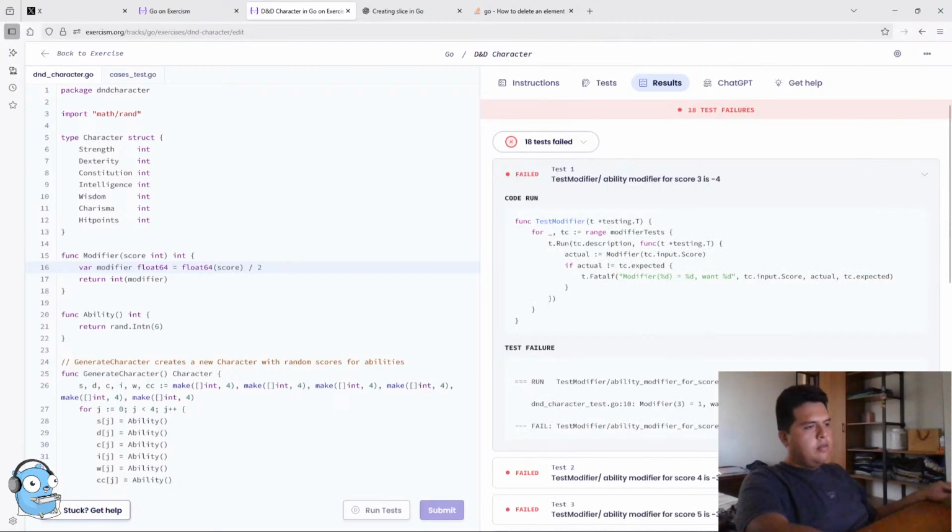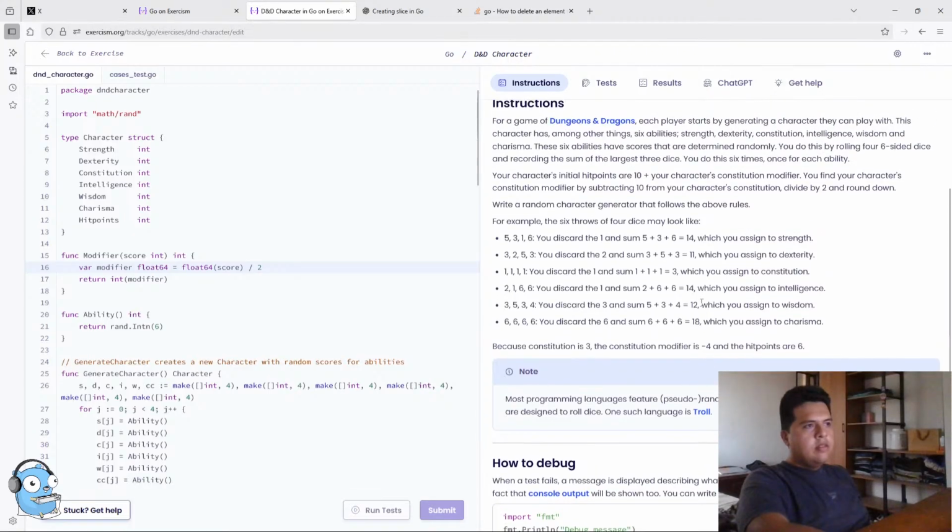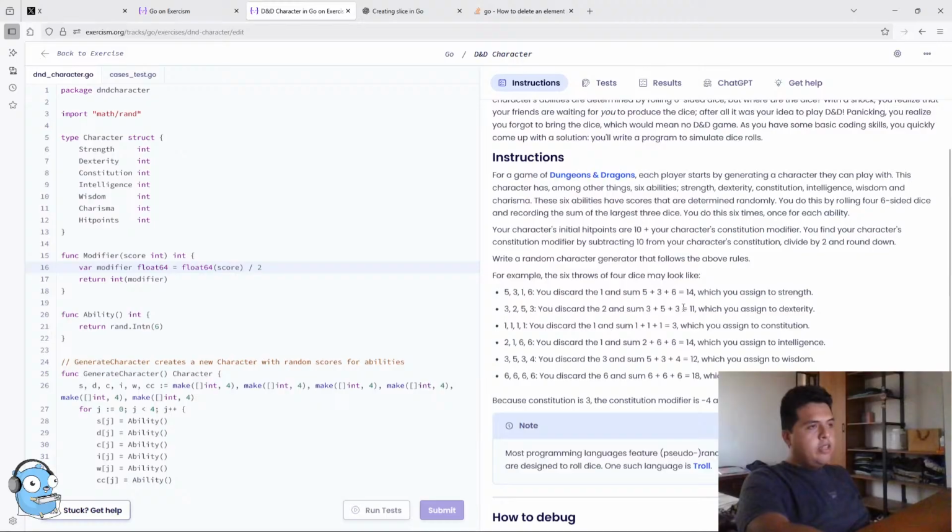One. Modify, I pass the 3. 3 divided by 2, 1.5. Ah, I get it.